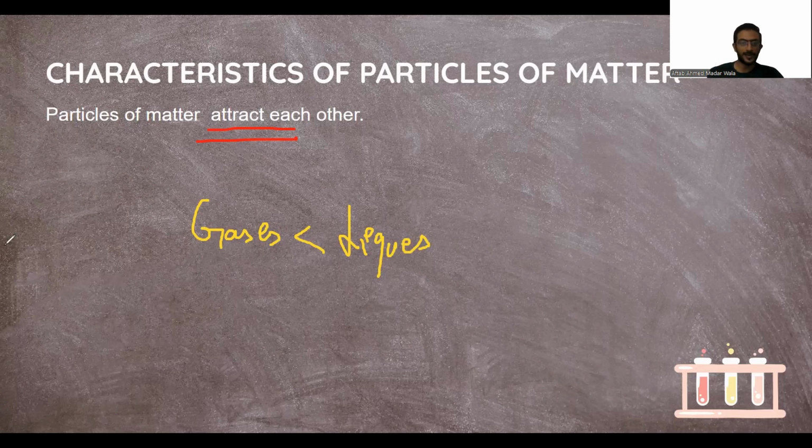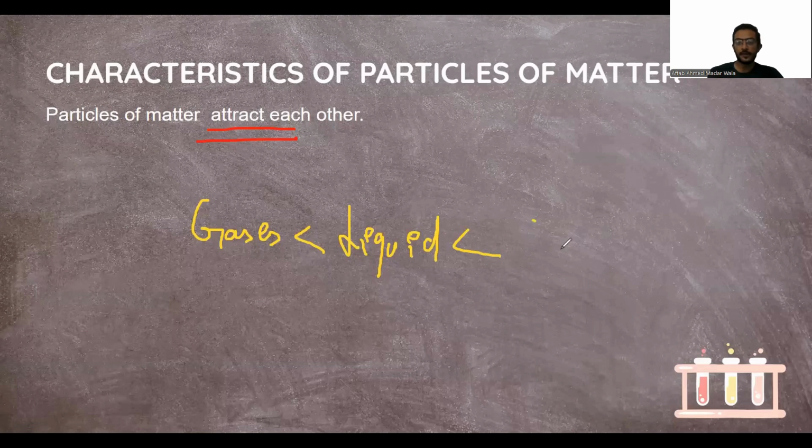I'm sorry for the spelling. I'll just make it right. Yes. And solids have the highest force of attraction, because of which they hold their shape and always have a definite volume. Okay. I hope this is very easy and clear.